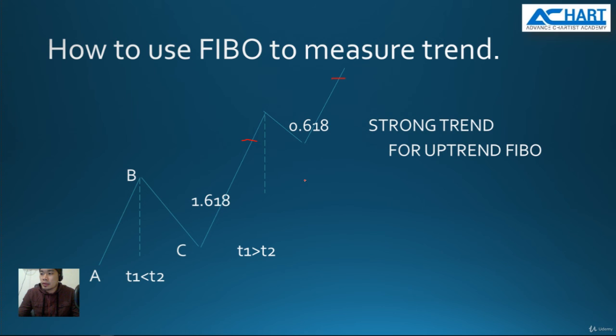If we put this point A as a distinct high, and the start of the rally as a distinct low, which is 0%, and we measure from 0 to 100%, this is the Fibonacci 61.8%.